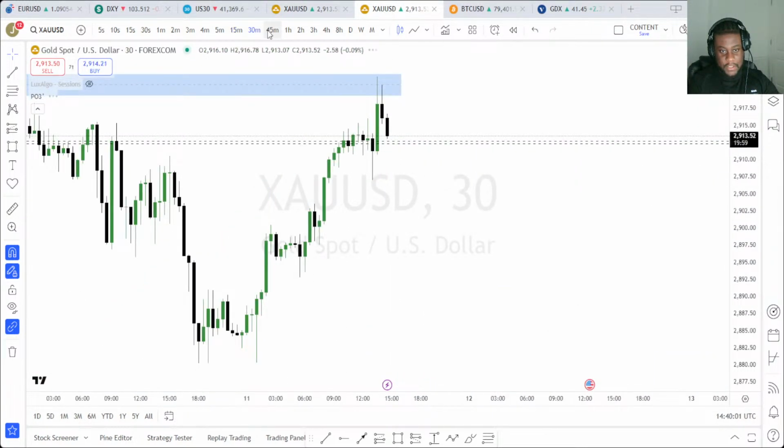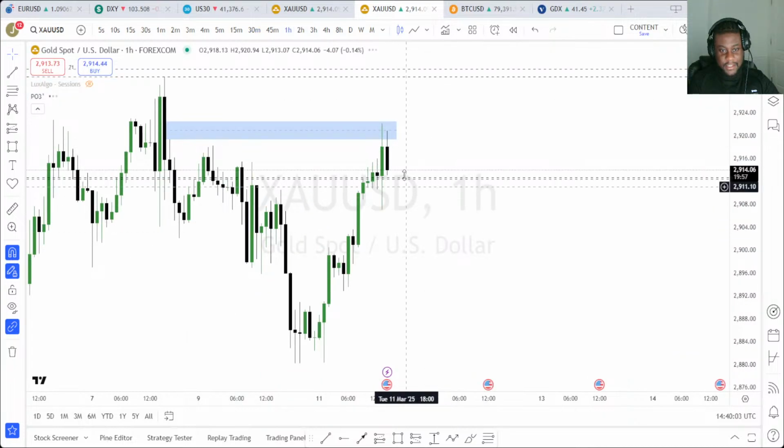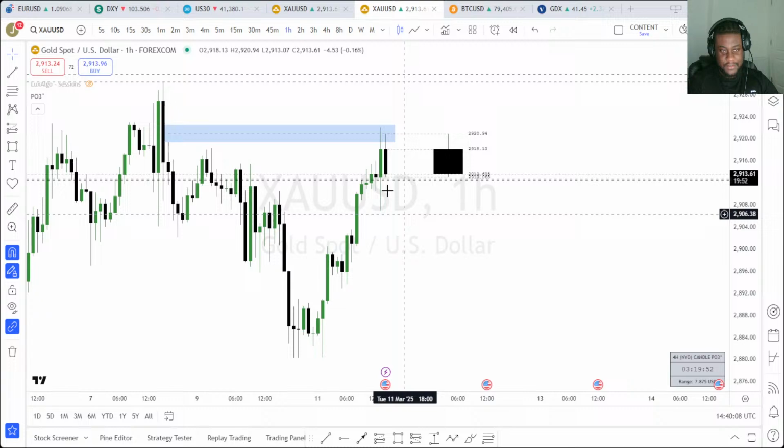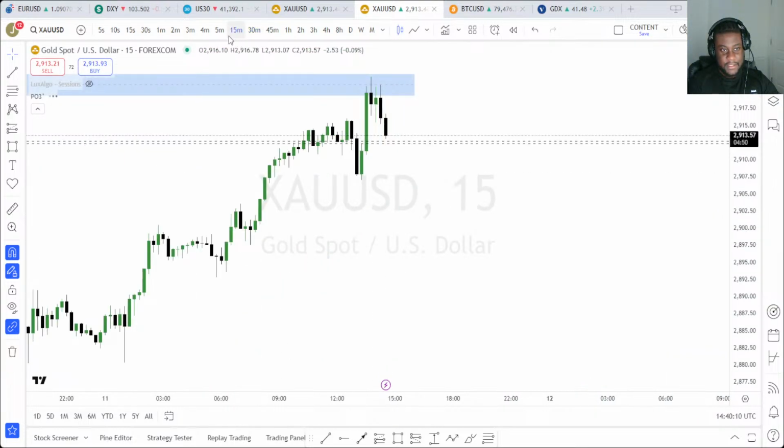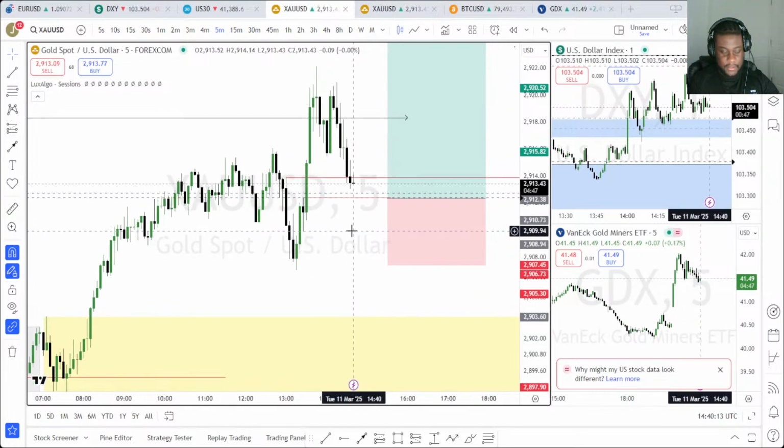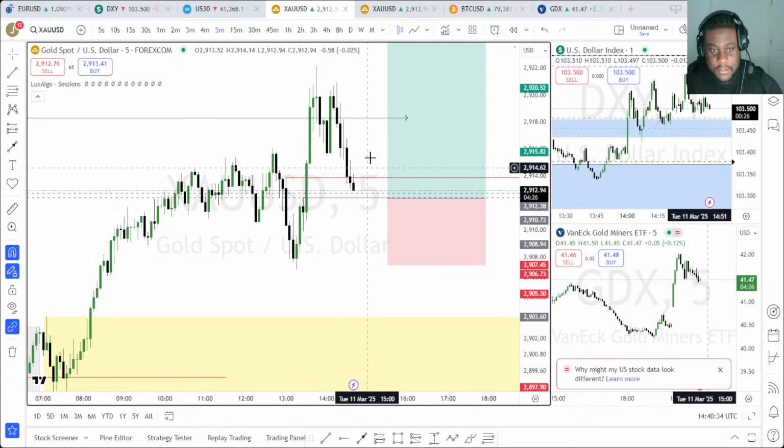Okay. My only concern is we actually engulf the previous hourly candle. That's my only concern right now for this setup. But you know what, yeah, let's just play it. Let's see how it does. Let's just see how this does, fellas.